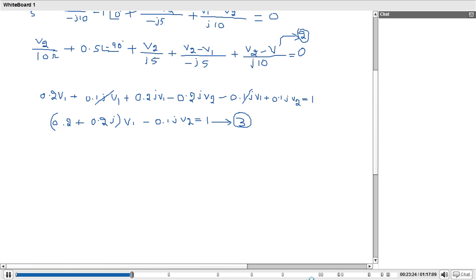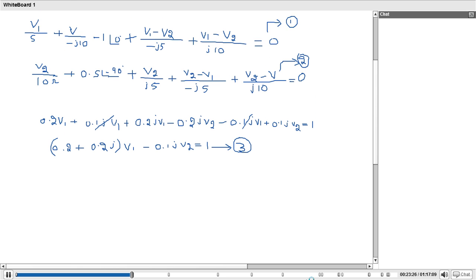So similarly solve the equation 2. V1 terms, where are V1 terms? So here V1 term is there, here V1 term is there. So minus 1 by j. So minus 1 by j is nothing but plus j. So 1 by 5 is 0.2. So minus, I am writing the second equation. This is the equation 1, so in equation 1 solving, and this is the equation 2.